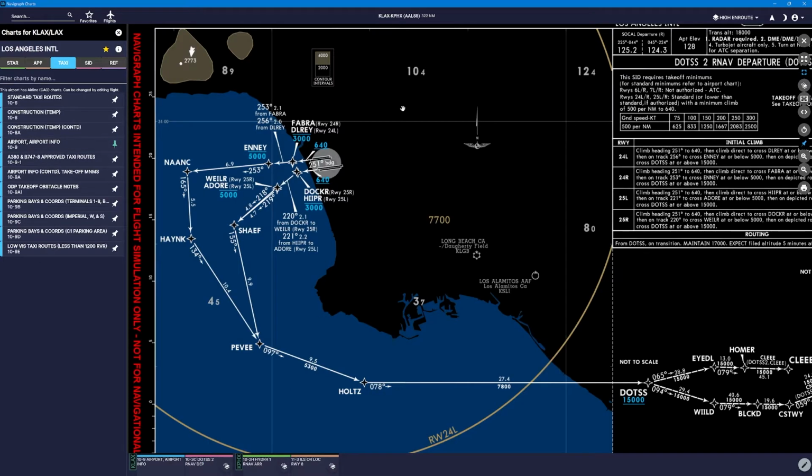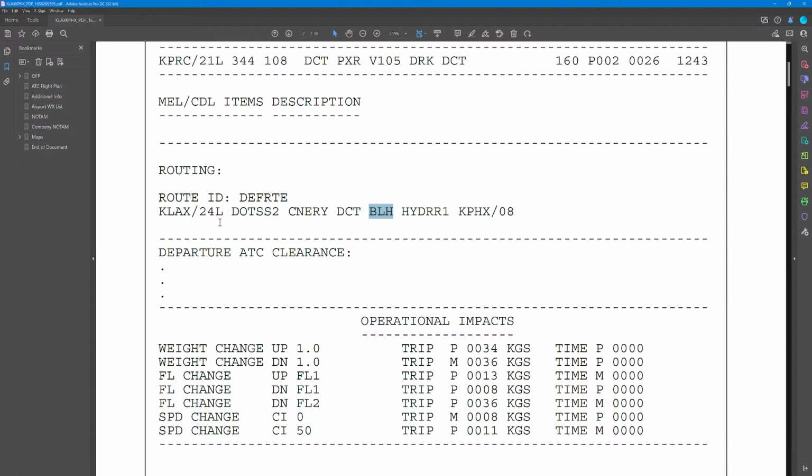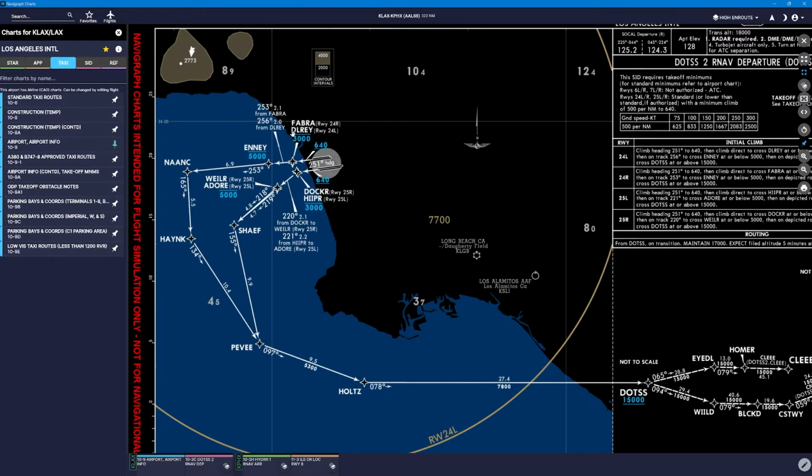So let's say in that flight plan that we were looking at, it says here, and even this is wrong, it says 24 left, but it's okay. 24 left is way over here on this side, or actually, it's this second runway right here.